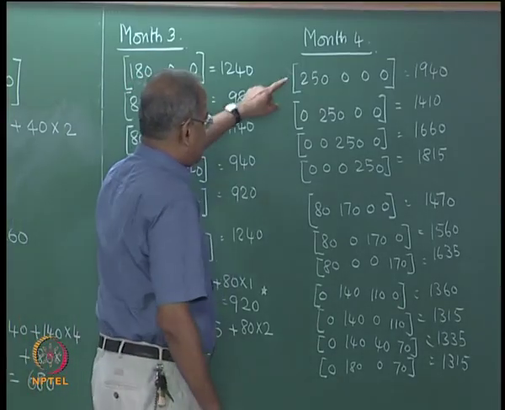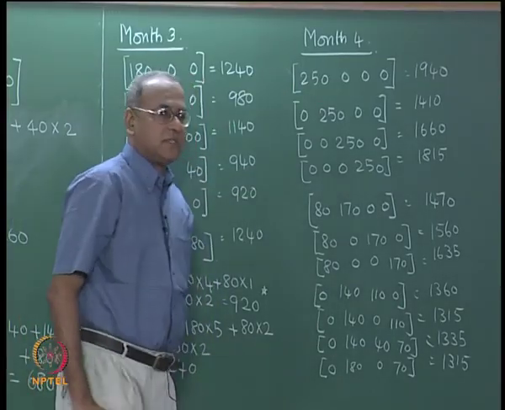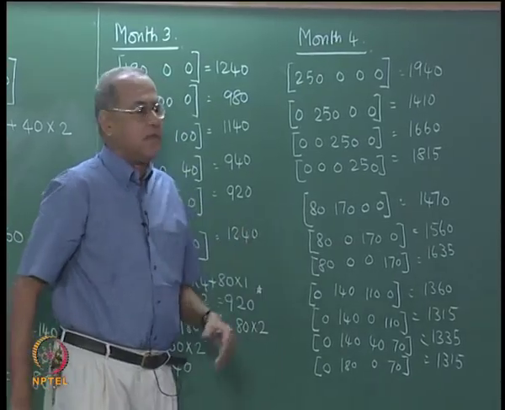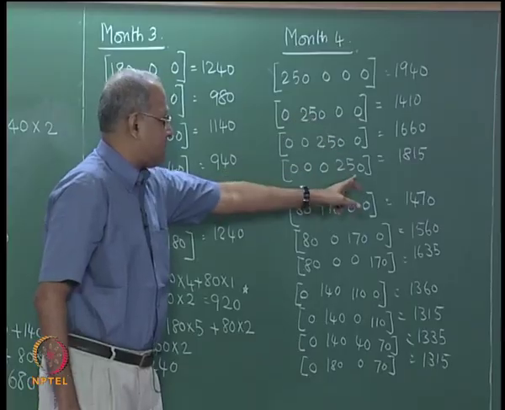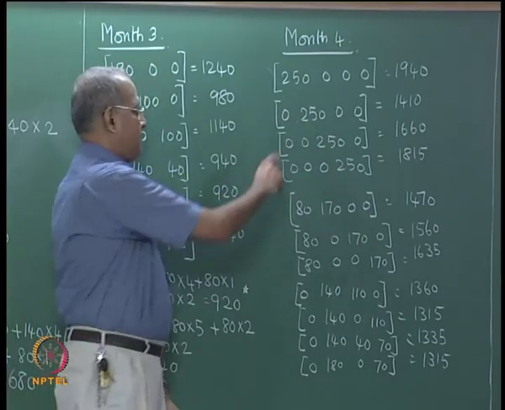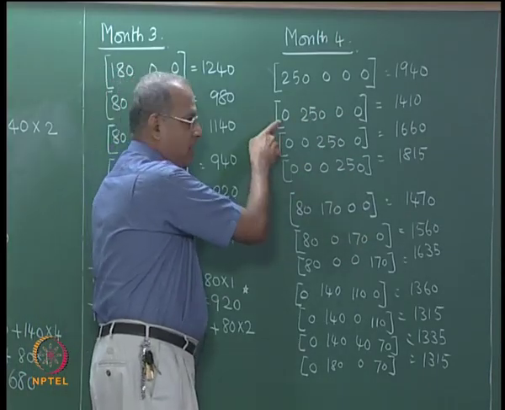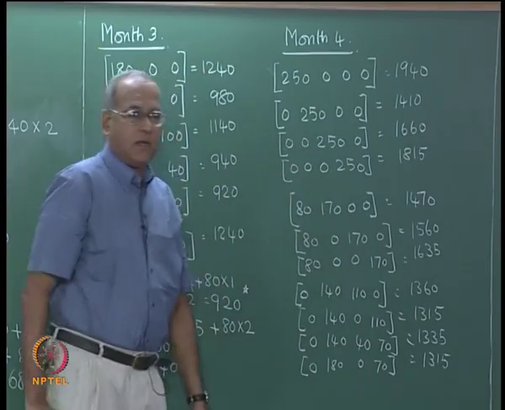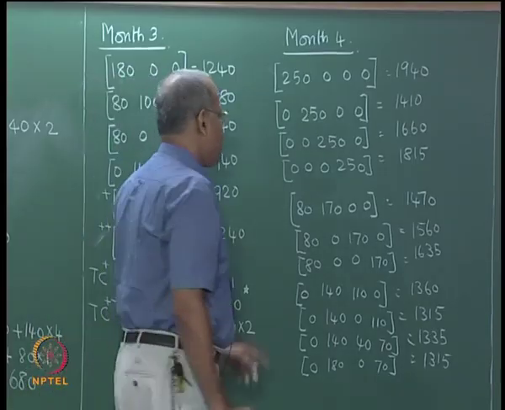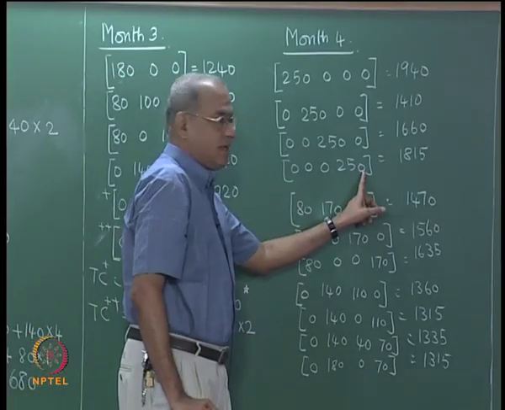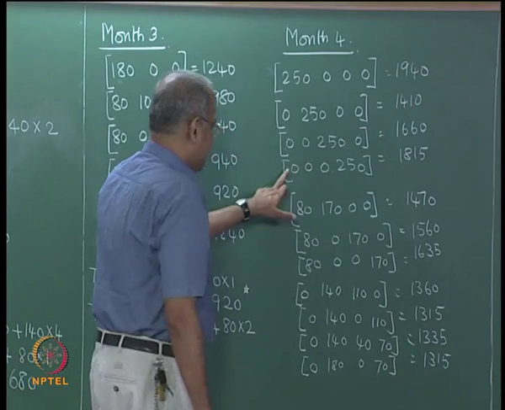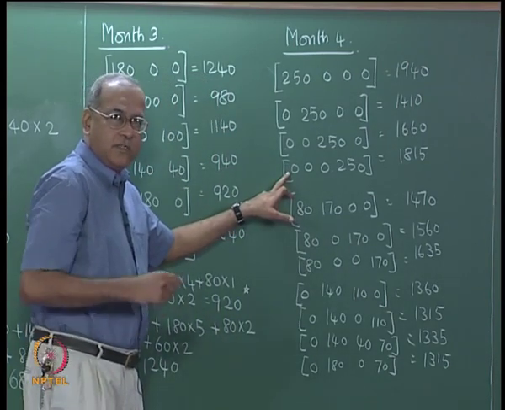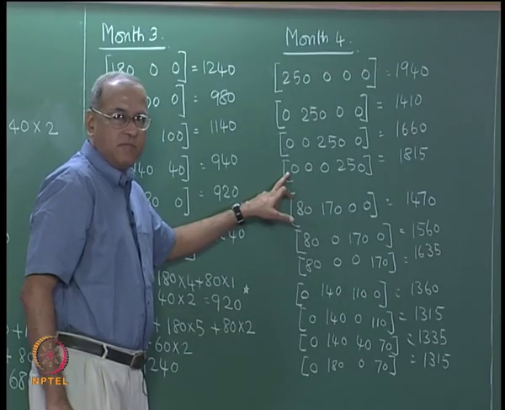We also realize that these 4 are the situations where all the 250 is produced in a single month, and these 3 cases involve back ordering, because from here we back order this demand, from here we do both, from here all the 3 are being back ordered. Now, when we do this back ordering, the cost computation will be this: the 80 demand is back ordered for 3 time periods, the cost of back order is 1.